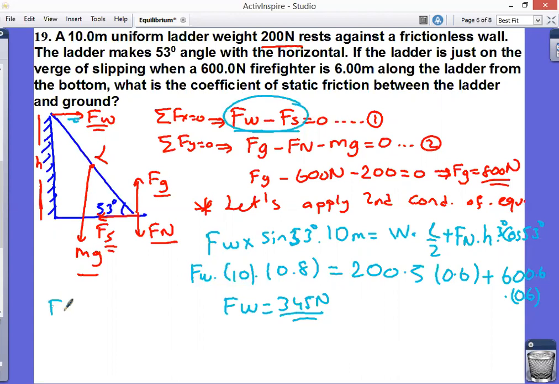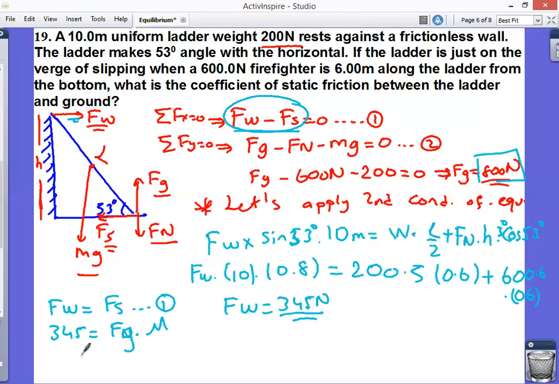So F wall equals Fs, right? From the first equation. We found F wall as 345, equal to F ground times mu. What did you find F ground to be? 800 Newton, right? So let's put it here.